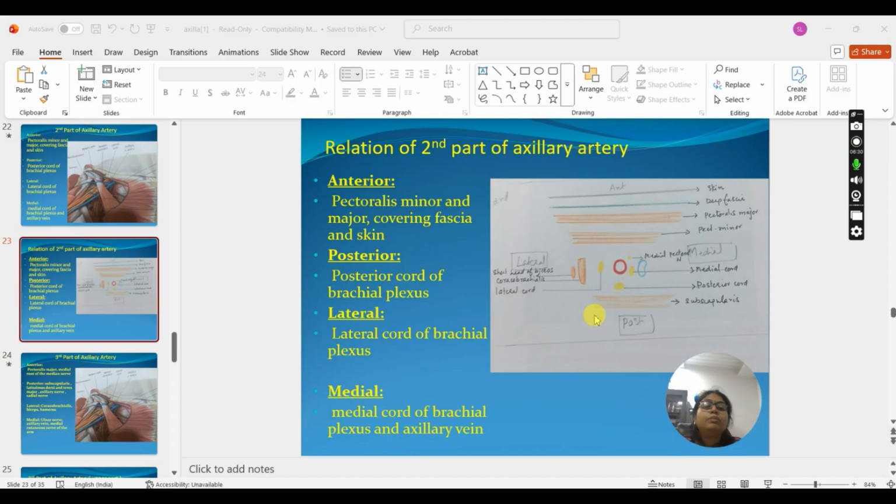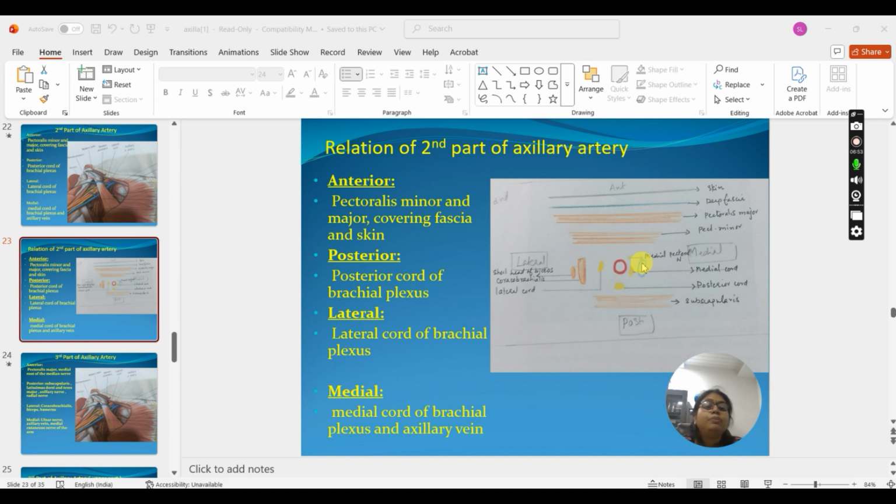Yes, schematic diagram. Anterior, posterior, medial, lateral. Anteriorly you have the skin, superficial fascia, the deep fascia, pectoralis major and the pectoralis minor. Posteriorly you have the posterior cord of the brachial plexus and subscapularis muscle over which the vessels are lying.